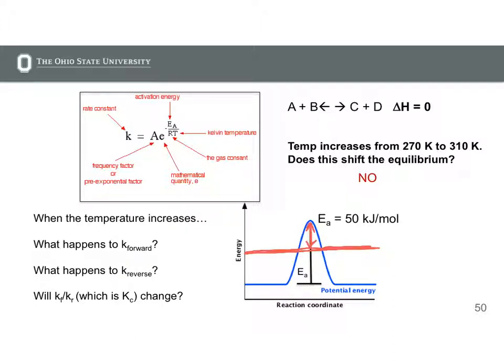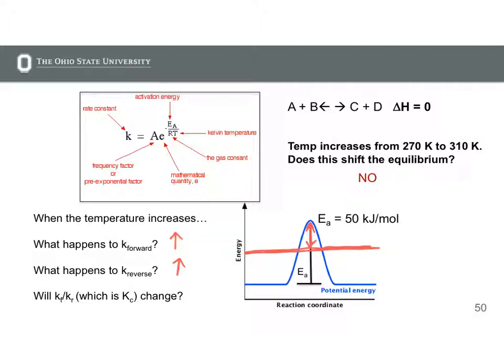So we've increased the probability of going over the hill. What happens to the forward rate? Does it increase or decrease? Or nothing? Increase, yep. What happens to the reverse rate? The reverse reaction also increases.